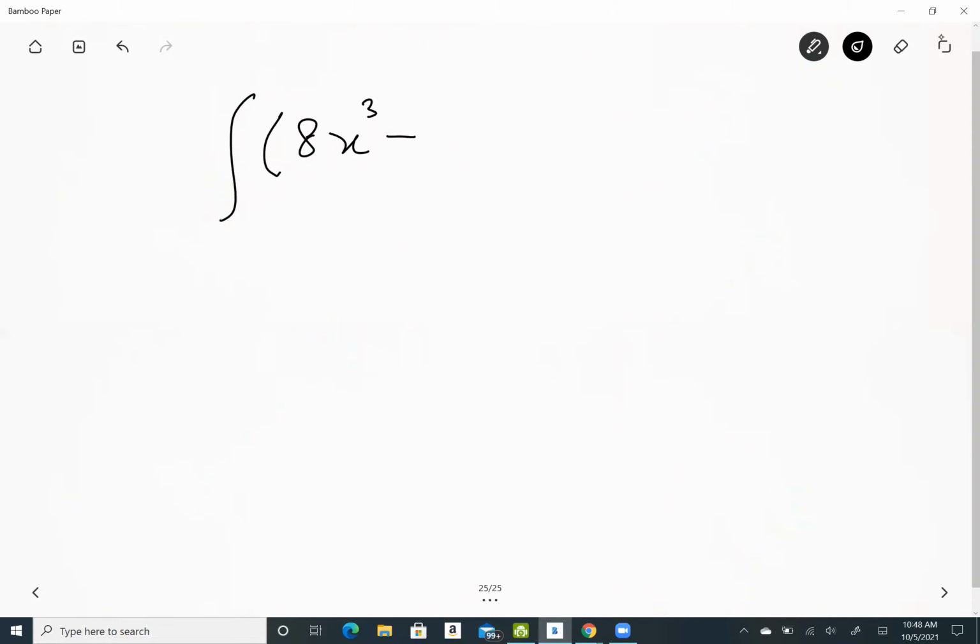You have to have a form, then only we can do the integral.